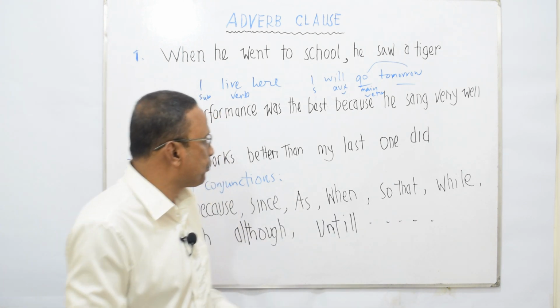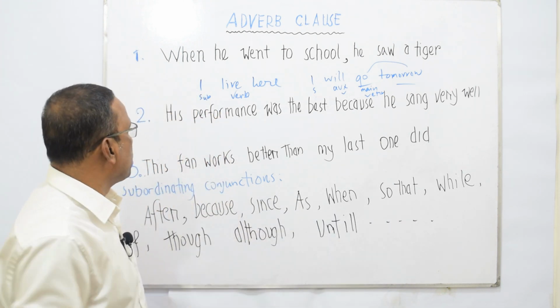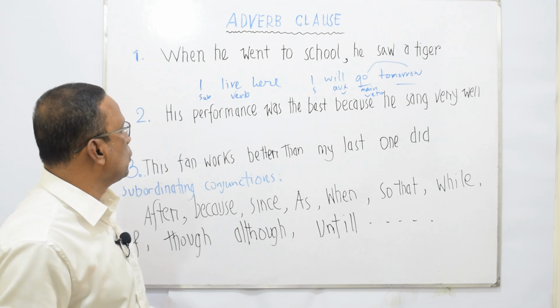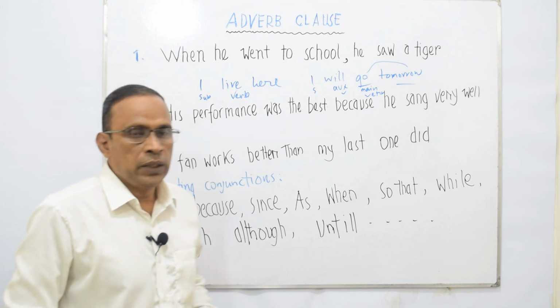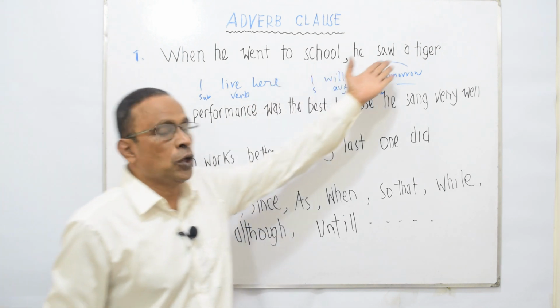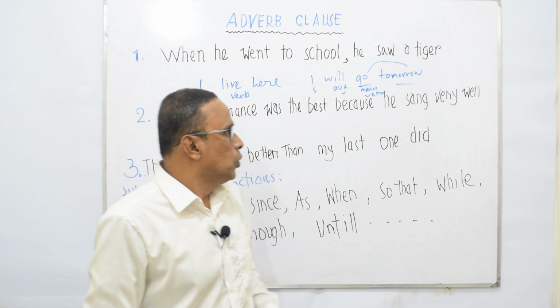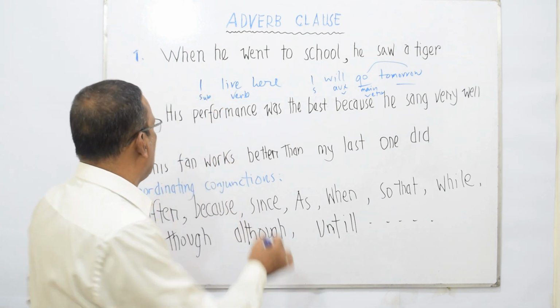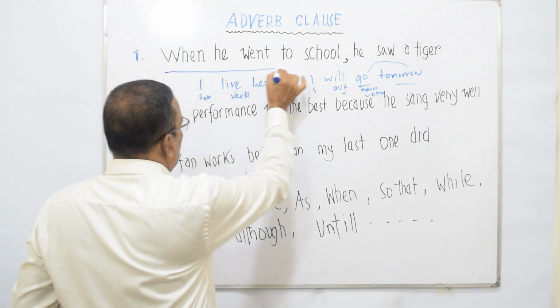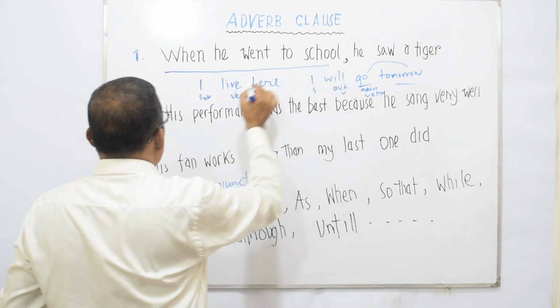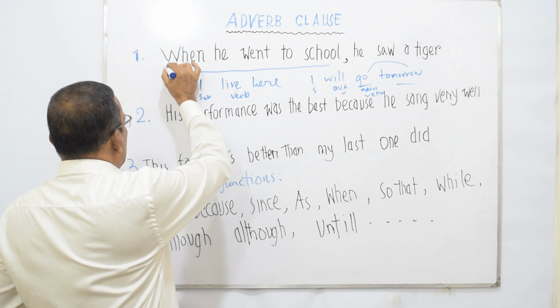So look at sentence number 1. When he went to school, he saw a tiger. What you can see here is that this clause has begun with the word when.